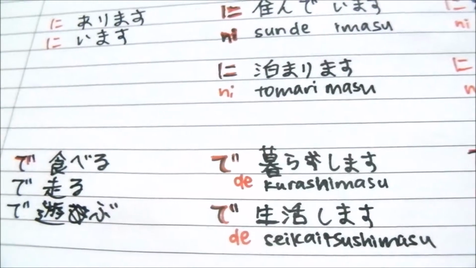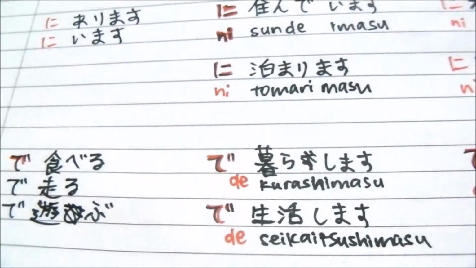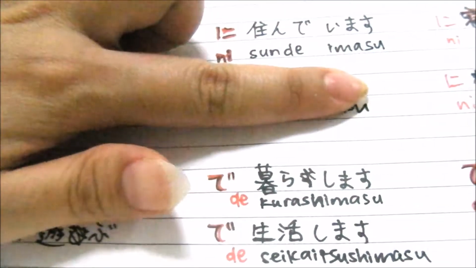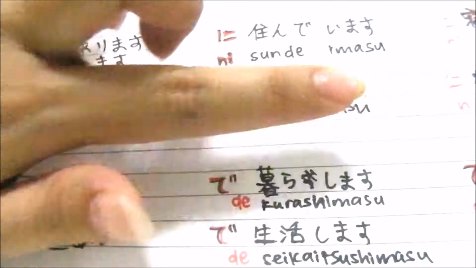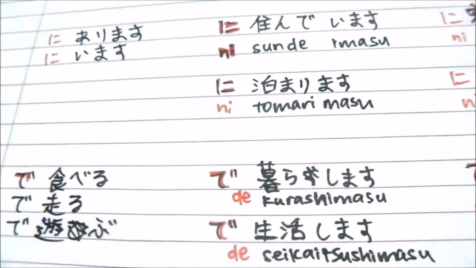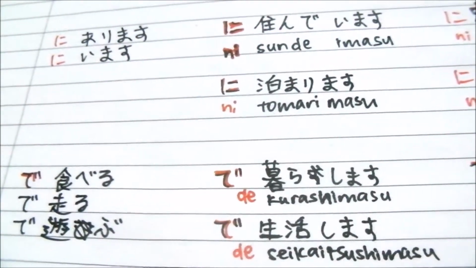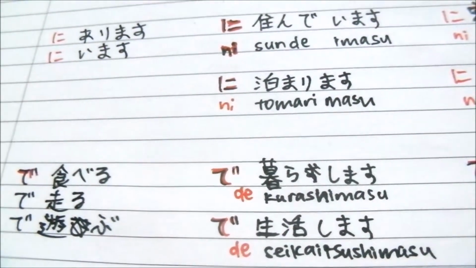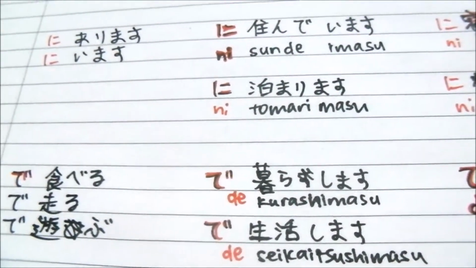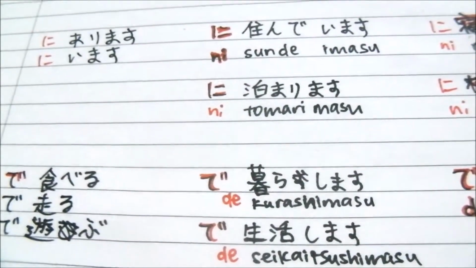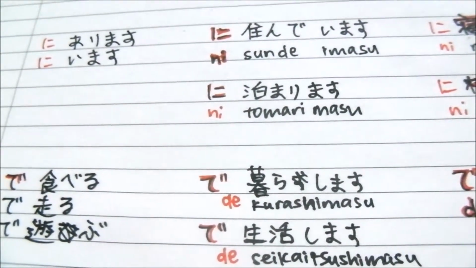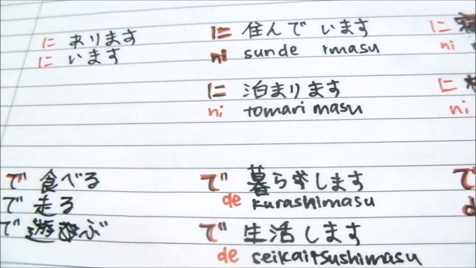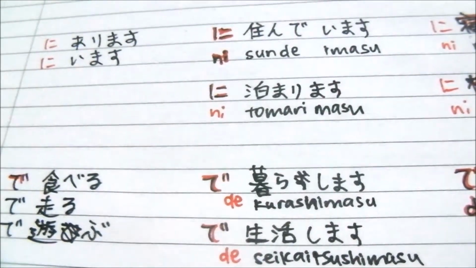So these are all actions, and hence they'll be de. Although in terms of meaning they are pretty much the same, because the verbs indicate slightly different nuances, you use ni and de for particular ones.